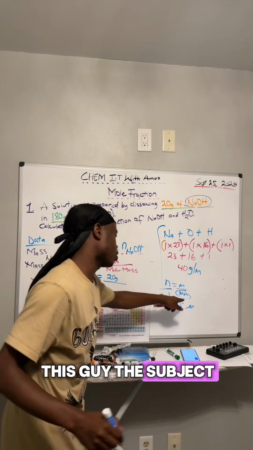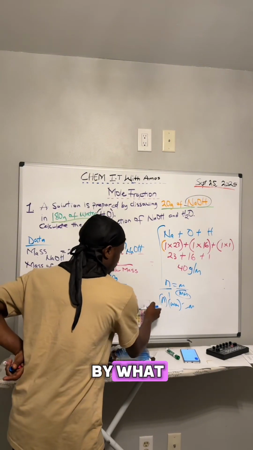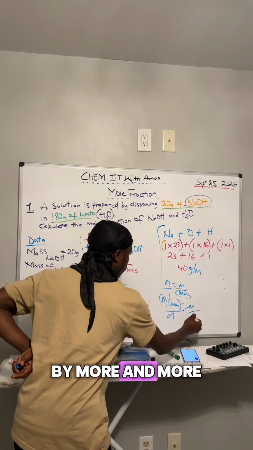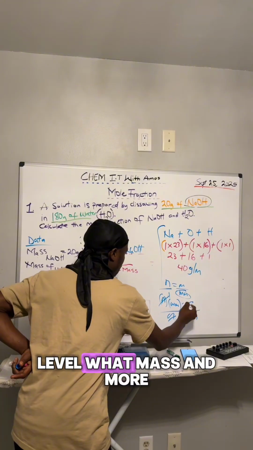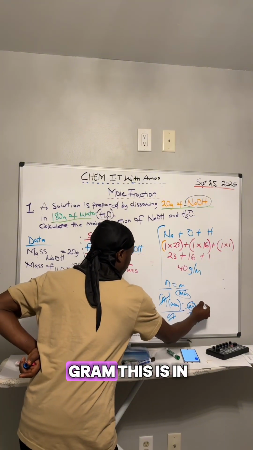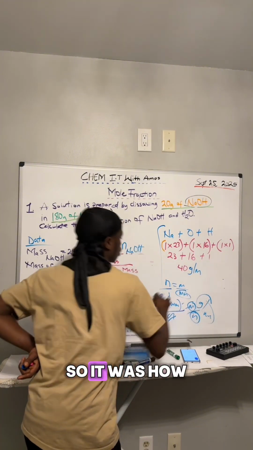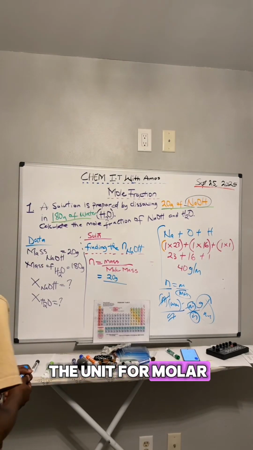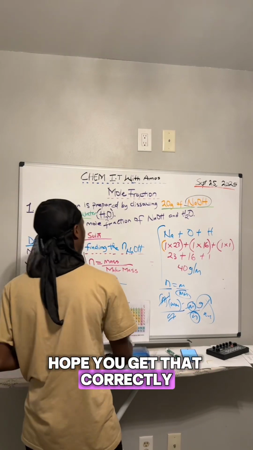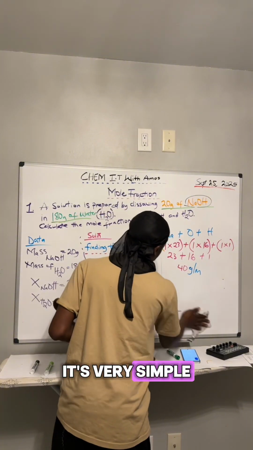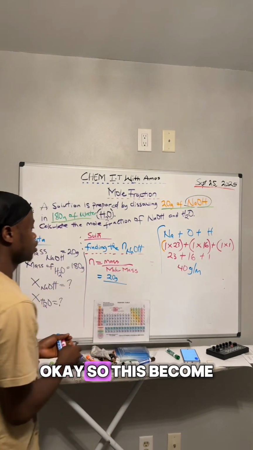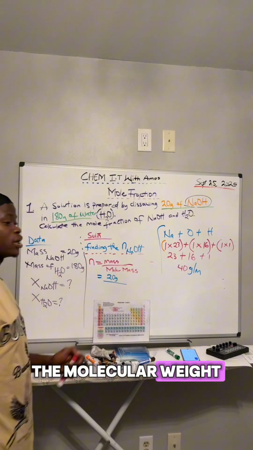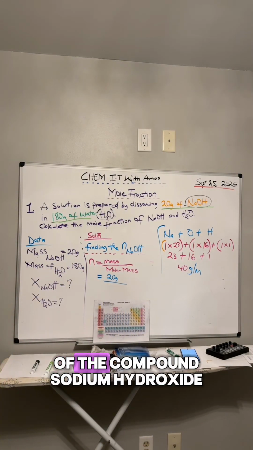Then divide both sides by mole, so mass over mole. Mass is in gram, mole is in mole, so the unit for molar mass becomes gram per mole. Hope you get that correctly. It's very simple. So this becomes the mass number, the molecular weight or the molar mass of the compound.